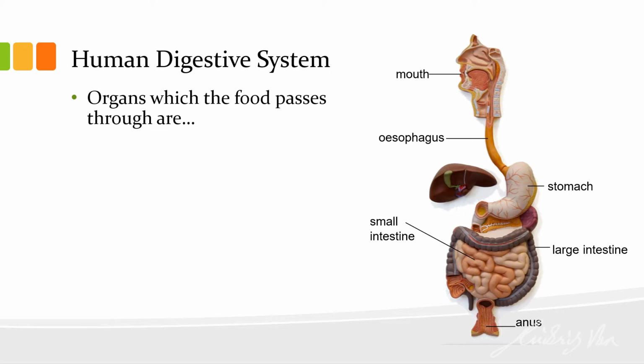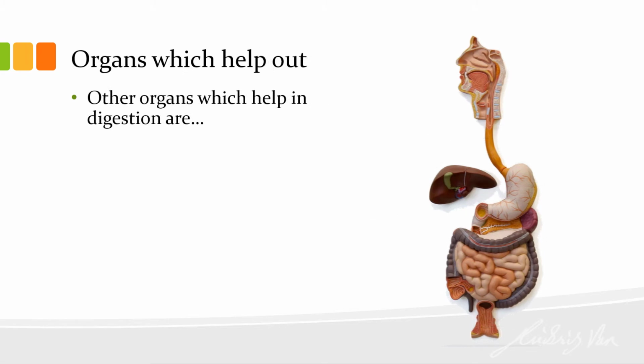But they themselves alone are not sufficient to digest our food efficiently. To do that, we need to call upon the help of other organs. First of all, we have our liver. The liver is connected to the gallbladder, and the gallbladder is connected to the bile duct.